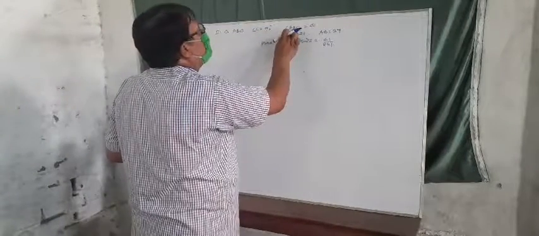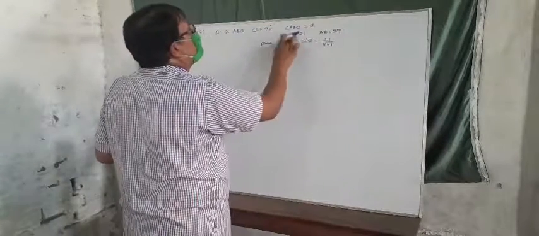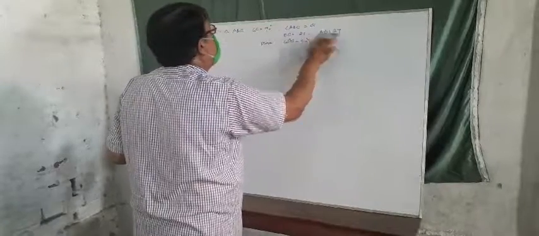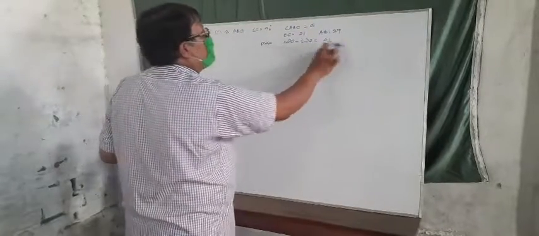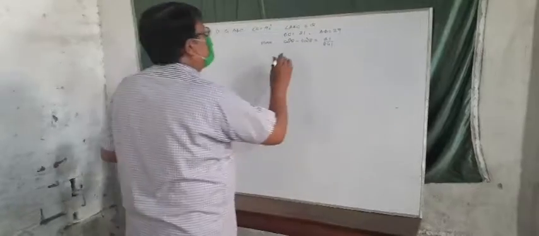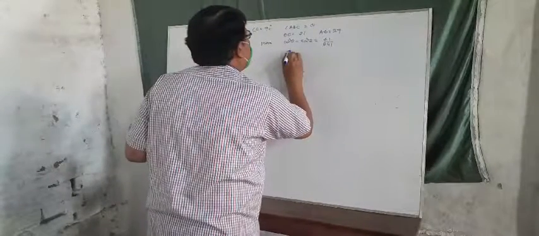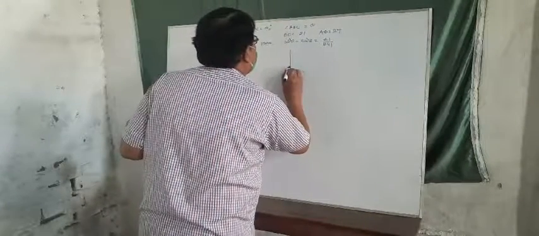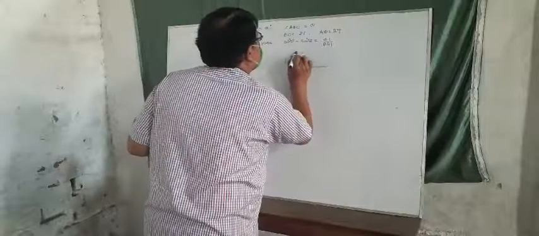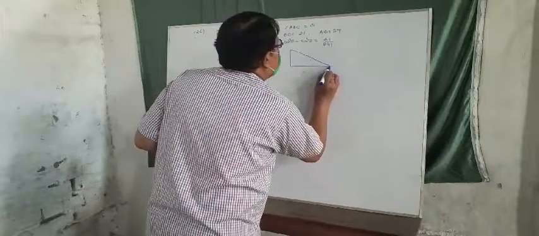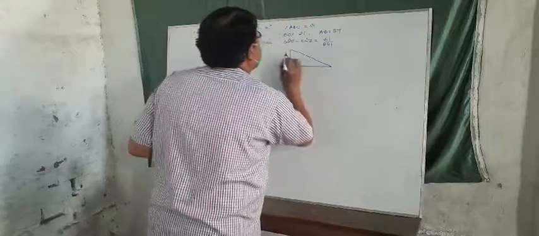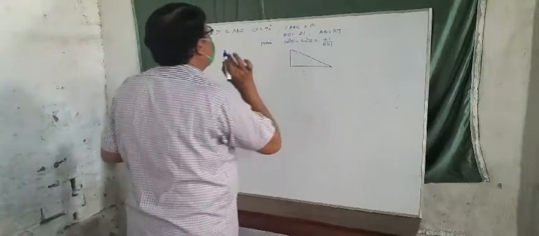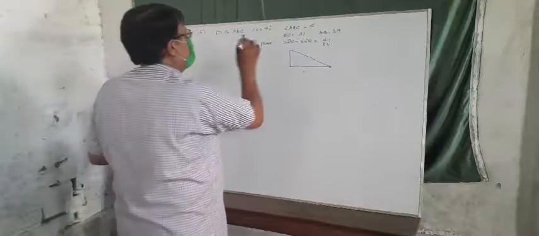Angle C is 90, angle ABC is theta here, BC is 21, AB is 29. Now we have to prove this. First, in a similar way as we have done in the previous problem, we will construct a right angle triangle where C is 90.